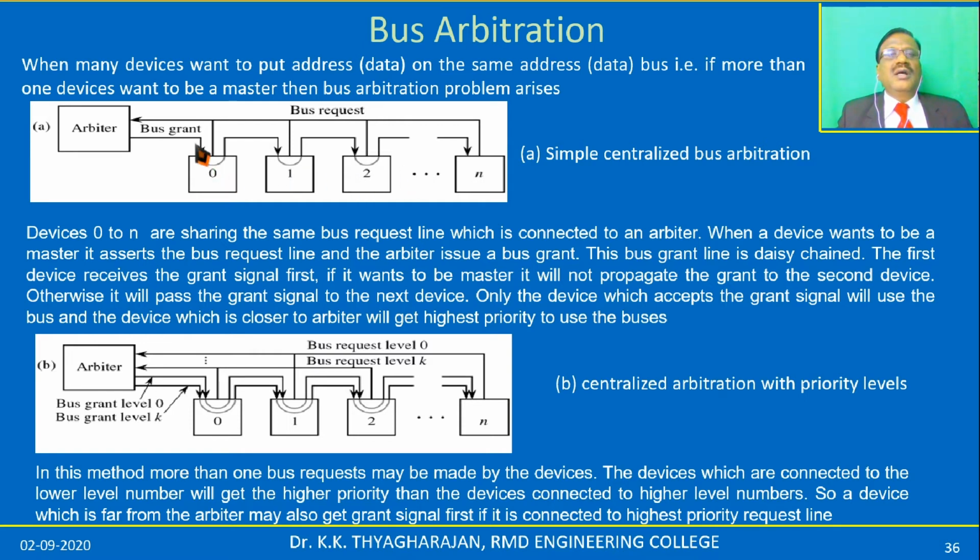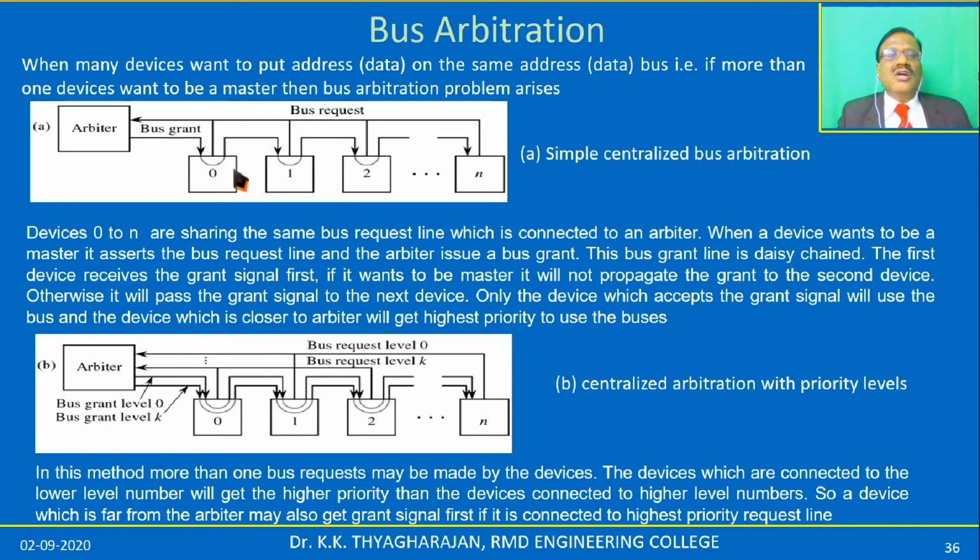That means the output of the first device will be connected to the second device, and like that, all the devices will be connected. The bus grant signal provided by the arbiter will pass through the first device. If it has requested to be a master, then it will accept that bus grant, and it will not pass the bus grant to other devices.